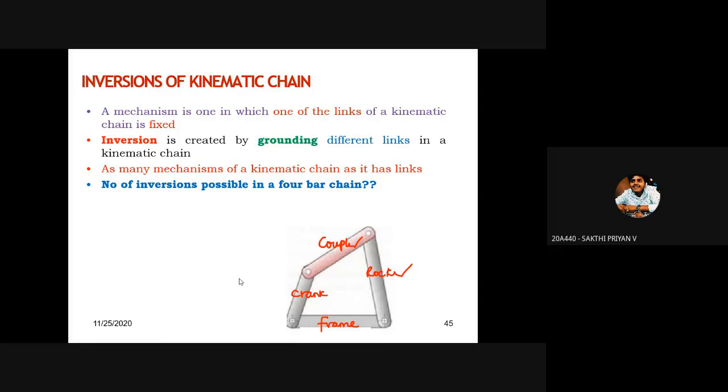We have 4 links, so we can fix 4 times. So 4 inversions are possible. First, let me fix the frame and give input to the crank, and observe what the rocker is going to make.